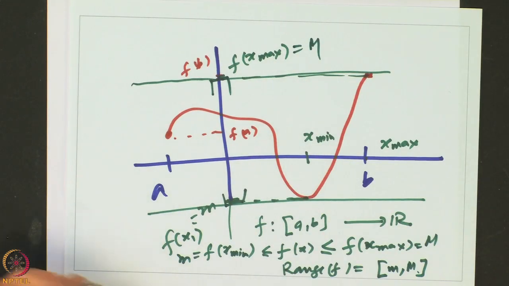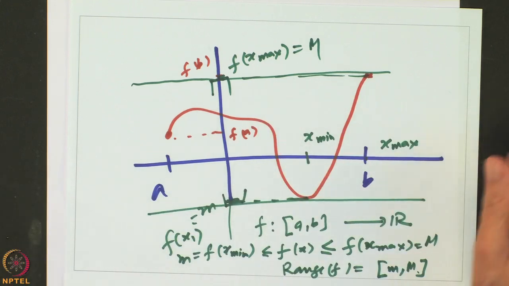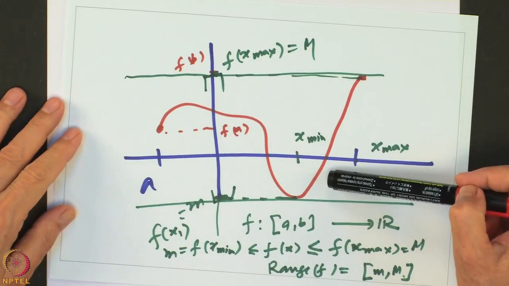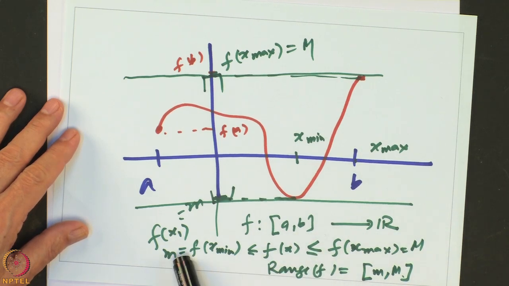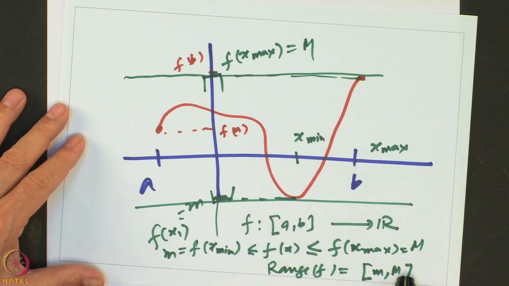So, this theorem says that if f is a continuous function on a closed bounded interval [a, b], then it is bounded. That means, there are two numbers small m and capital M, so that the range of f is equal to small m to capital M. That also means that the smallest value is attained at some point.